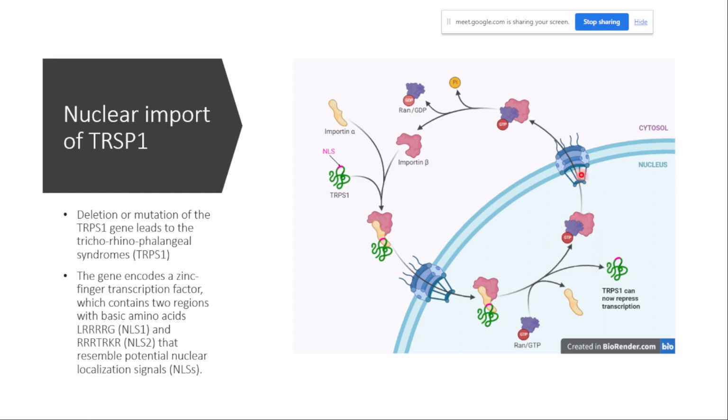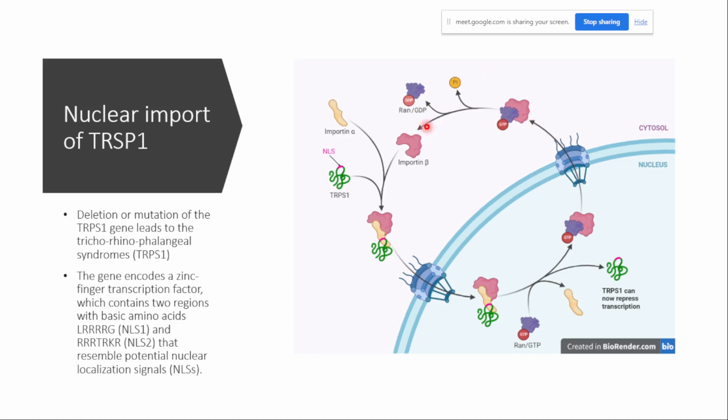This combination is required for nuclear export, so it goes from the nucleus to the cytosol through the nuclear pore complex. Then GTP hydrolysis takes place, and after that importin beta is dissociated.